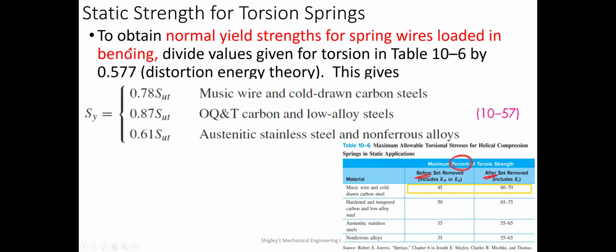So this is the static torsion spring, to obtain the normal unit transfer while loaded in bending. The values given for torsion springs in this table, 0.55 and 0.577, can be obtained based on the torsional energy method.